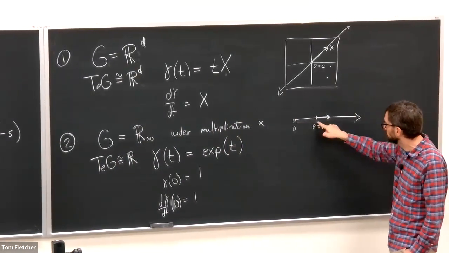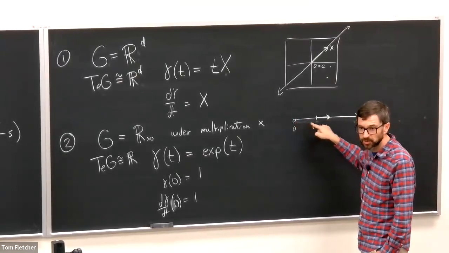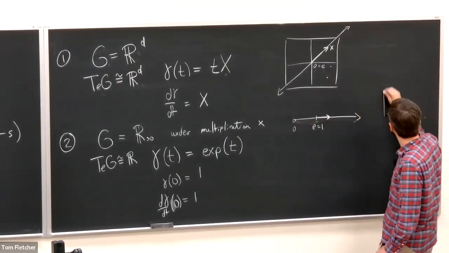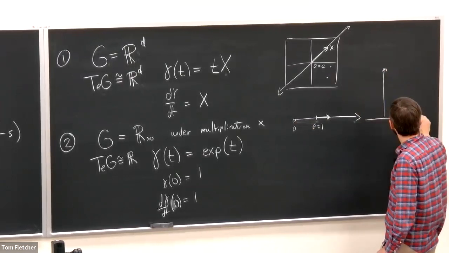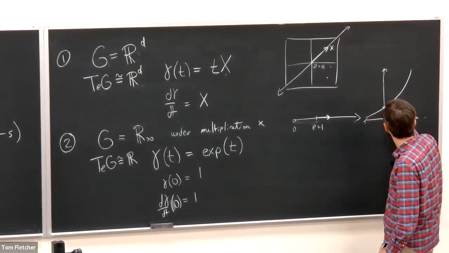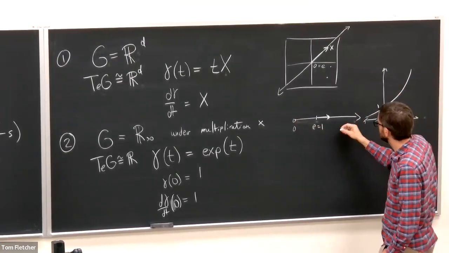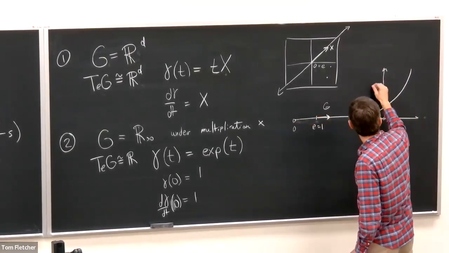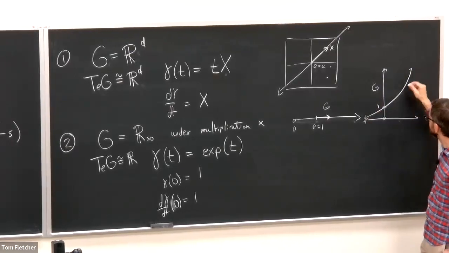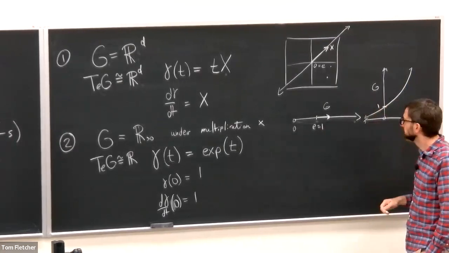And then, of course, the exponential will go out to infinity, or it'll asymptotically approach 0, but slow down. If I flip this axis up this way and plot the exponential function, we know we get something like this. So this axis is G, and this is kind of writing gamma, if you will, as a graph. Okay.